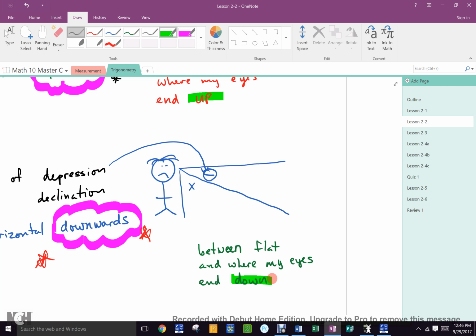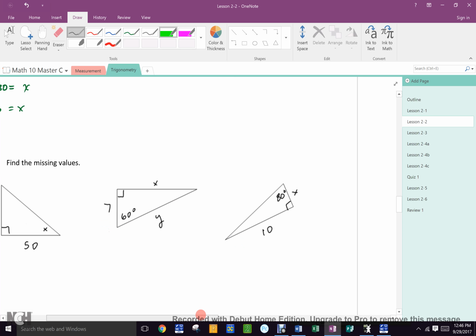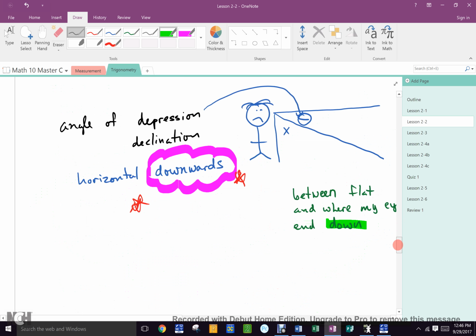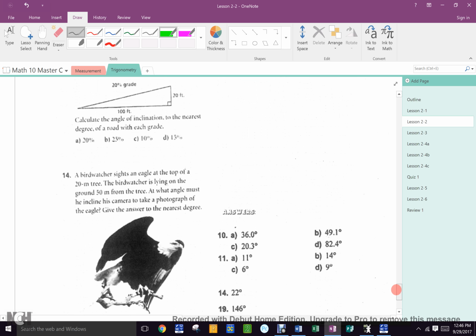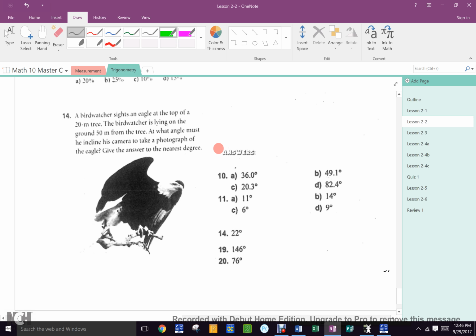All right, now I am shutting up. Your job for the weekend is you at least do those 3. And on this page that says page 76, it looks like a lot of work, but it's only 4 questions. The answers are even on the page.